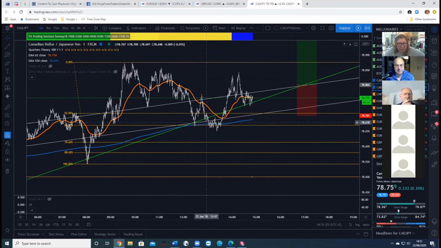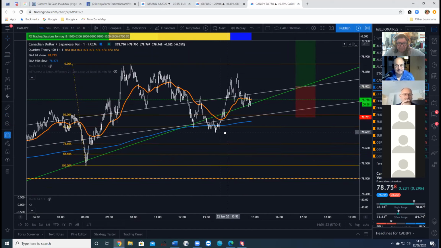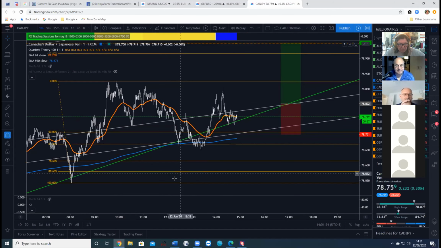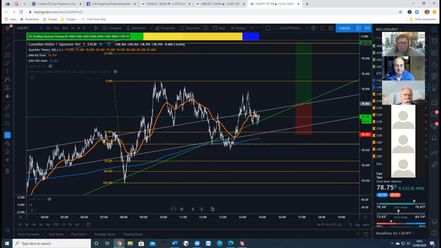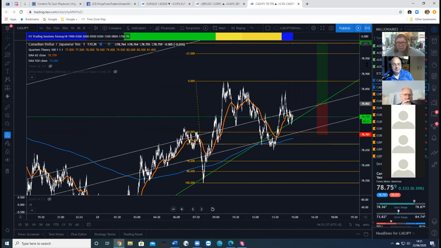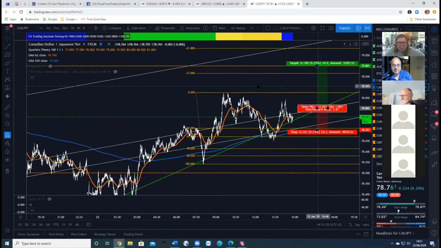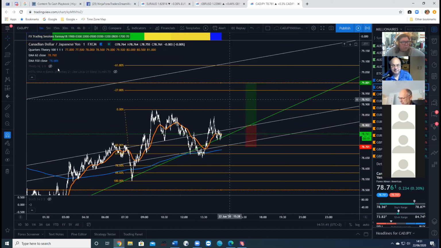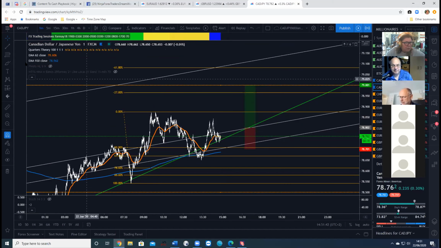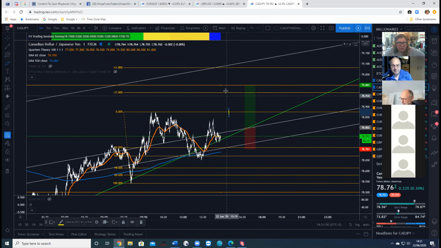And it's come back and hit that very nicely along there. So that would give you take profits of, that must be about 10 pips at that 0% there.